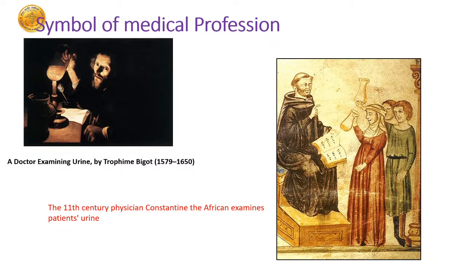When doctors were diagnosing with the urine wheel, taste and smell were considered as important as other characteristics, and a British physician is known to have said that patients who have diabetes, their urine tastes as sweet as honey.